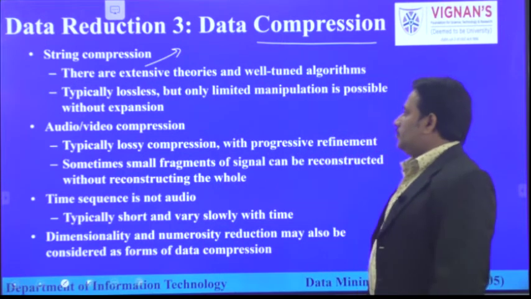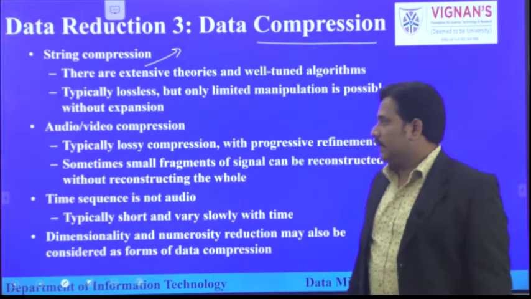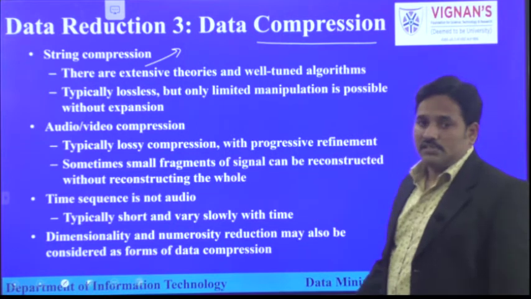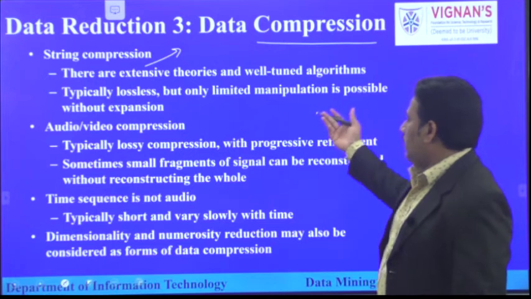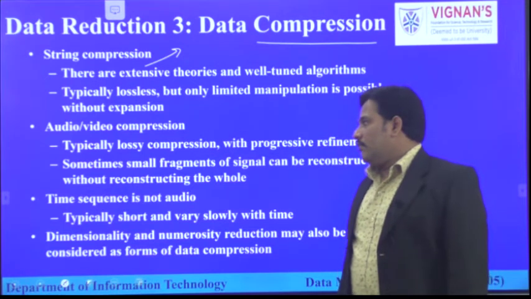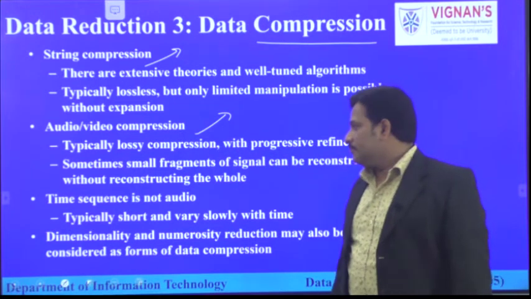There are extensive theories and well-tuned algorithms to reduce the textual content. Generally, most of the techniques are lossless textual compression techniques, but only limited manipulation is possible without expanding the data. When we have multimedia data, we can go for audio and video compression.